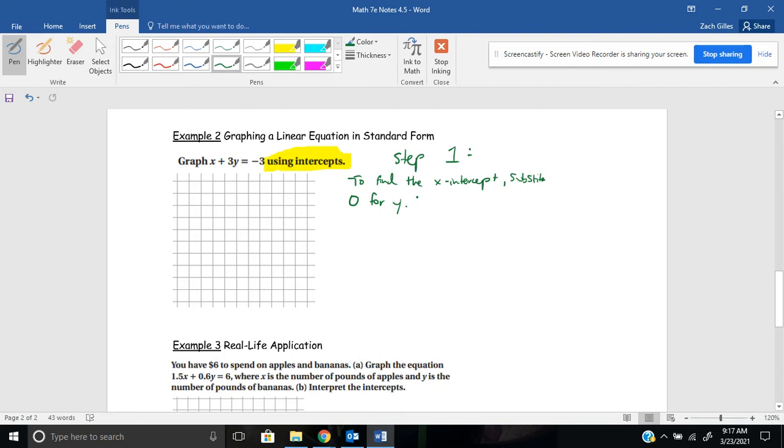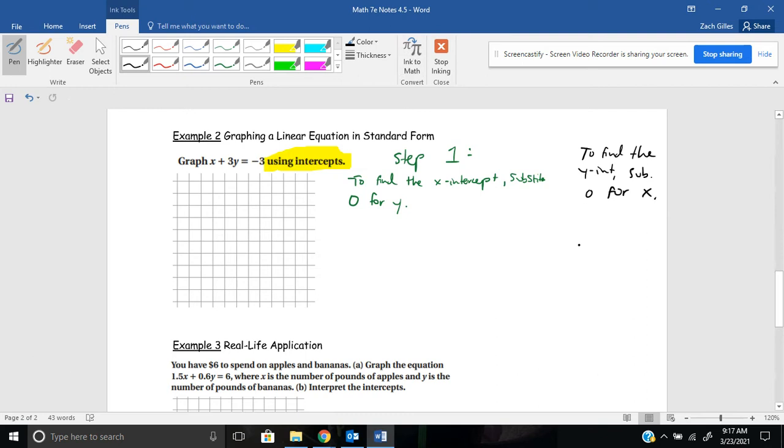Okay, and then it's the opposite for the x, as I'm sure you can imagine. Okay, so to find the y-intercept, substitute 0 for x in your equation.